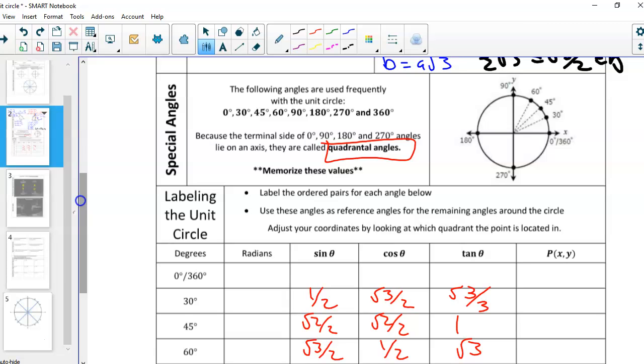And because our unit circle has a radius of 1, if I'm going all the way out, this would be the ordered pair 1, 0. This would be 0, 1. This would be negative 1, 0. And this would be 0, negative 1. So in that P, X, Y column, you would put those in there.